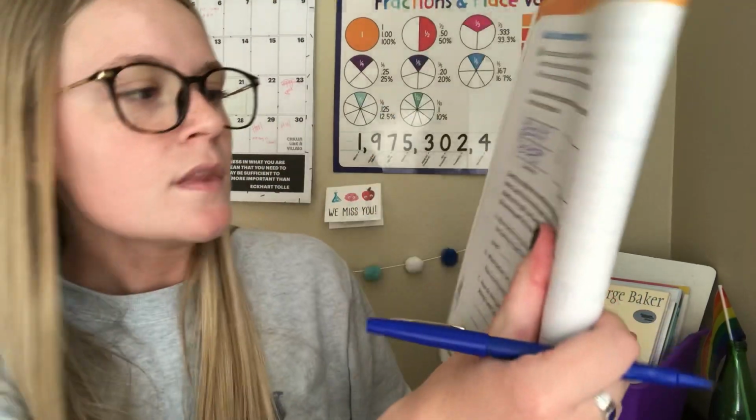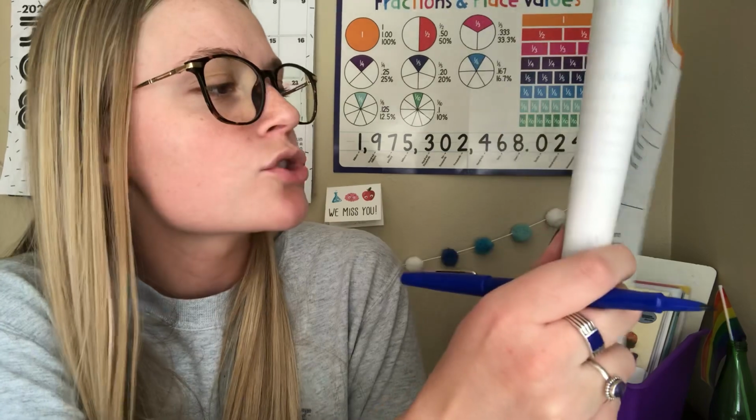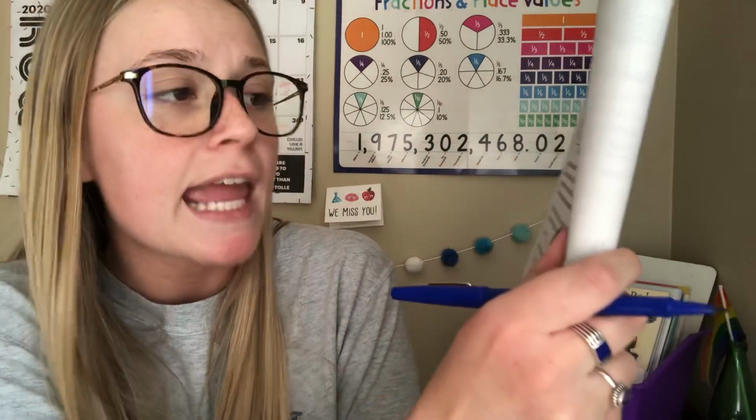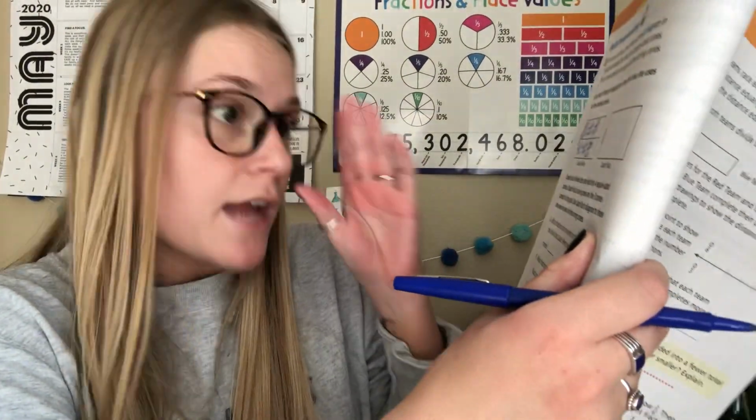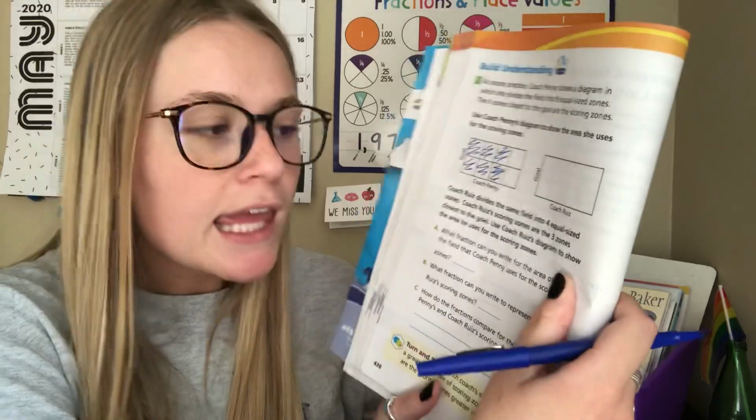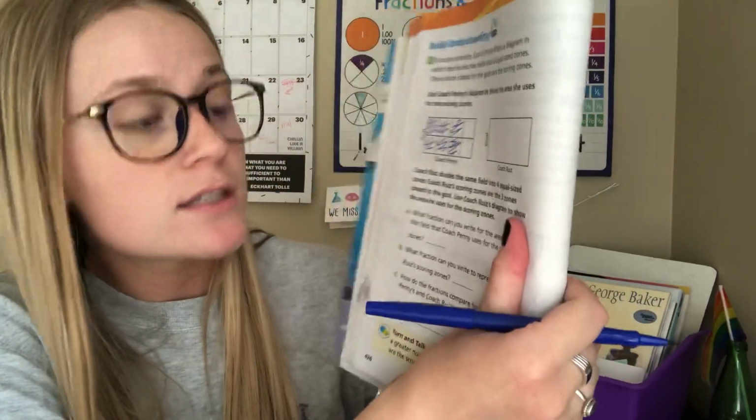Okay? Then it says, Coach Ruiz divides the same field into 4 equal-sized zones. Coach Ruiz's scoring zones are the 3 zones closest to the goal. Use Coach Ruiz's diagram to show the area he uses for the scoring zones.